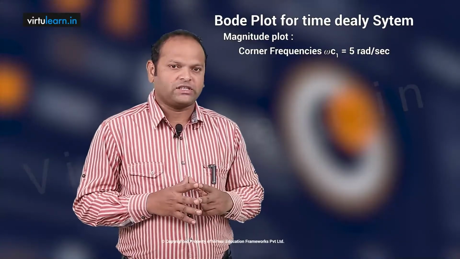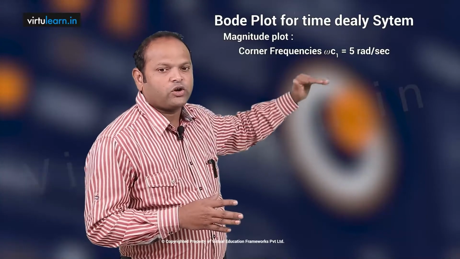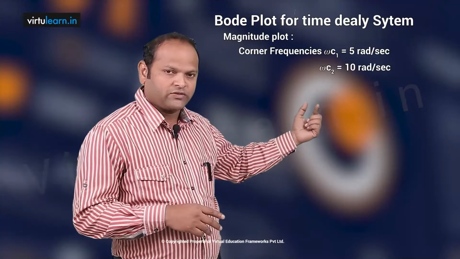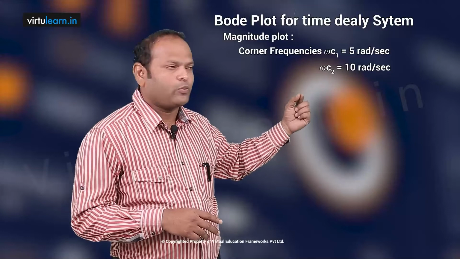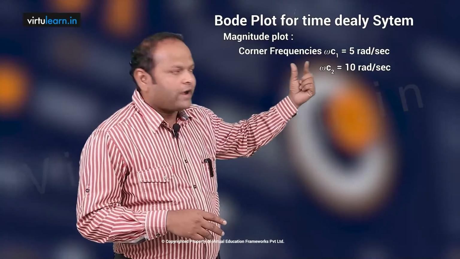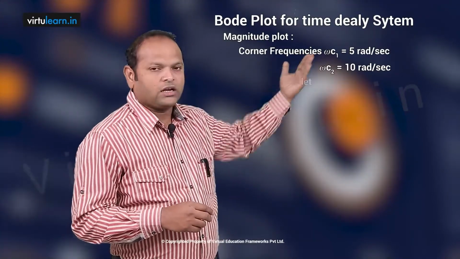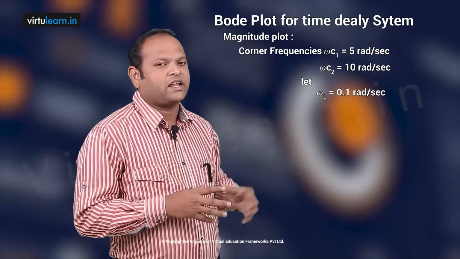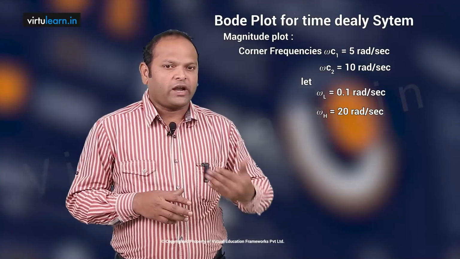So in increasing order, omega c1 is 5 radian per second and omega c2 is omega n, because whenever you have a quadratic factor, omega n is the corner frequency. We got omega n as 10, so omega c2 is 10. So 5 and 10 are the corner frequencies. Now assume omega L as usual 0.1 radian per second and omega H greater than 10, let us take it as 20. For these four frequencies I need to find the M dB values.